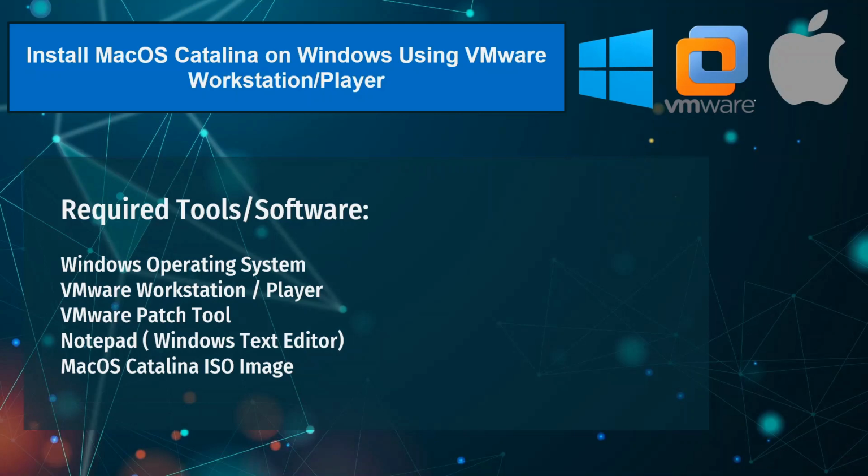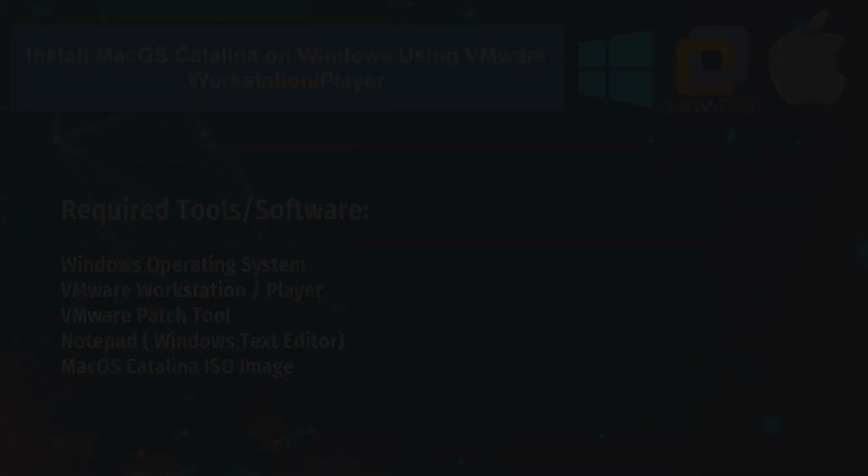A text editor such as Notepad, which is already installed on Windows machines. And finally, the ISO image for macOS Catalina. It's about 5 gigabytes, and I'm going to upload it and leave it in my Google Drive for you to download the patch tool and the ISO image.